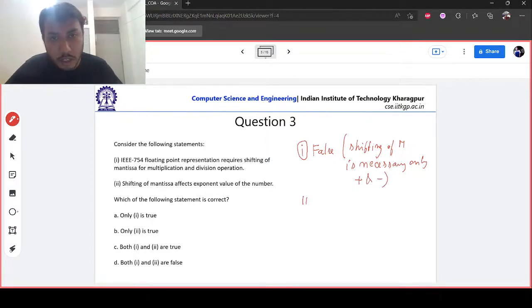Now statement 2. Statement 2 says shifting of mantissa affects the exponent value of the number. This one is true.